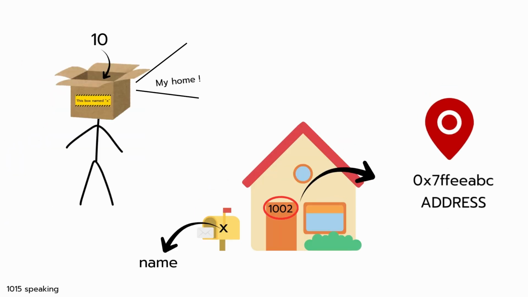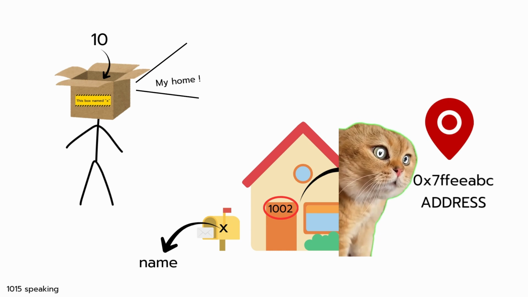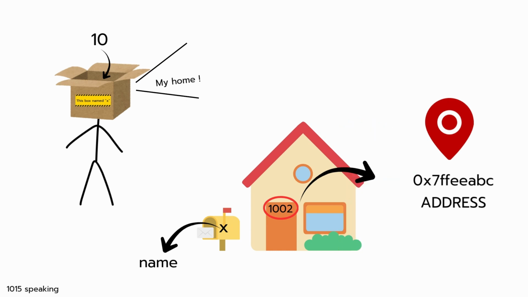Now that house also has an address. Maybe it's something like 1002 or 0x7ffeeabc. It's a unique location of that box inside memory. When the program runs, every variable you create, integers, floats, characters, they all live somewhere in that neighborhood, and the compiler keeps track of which house belongs to which variable.